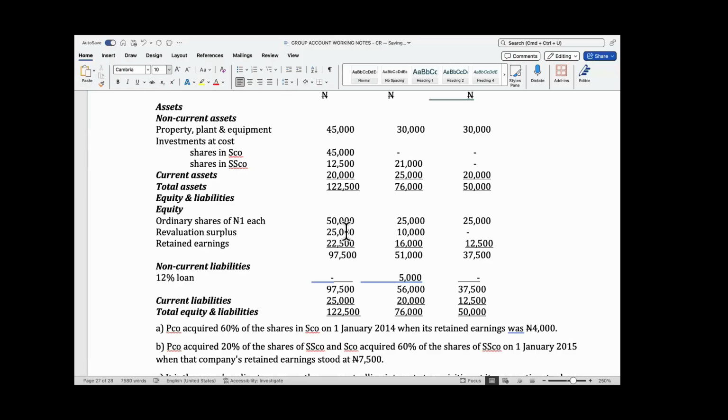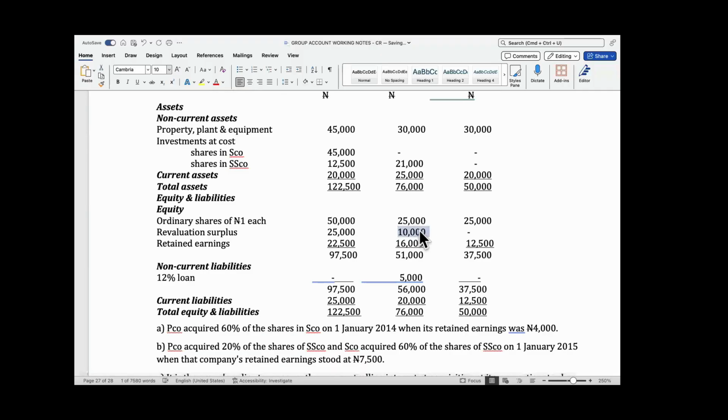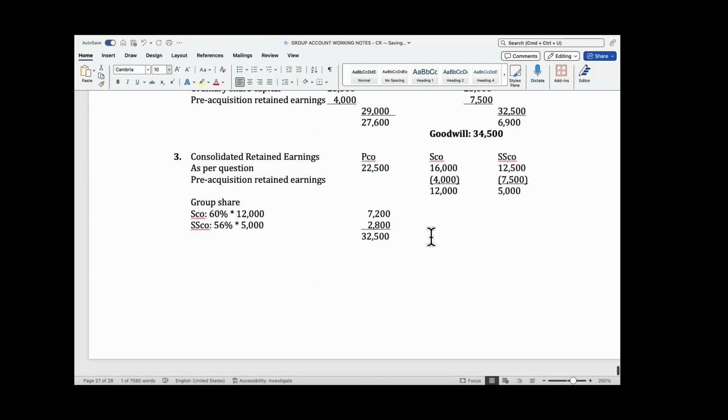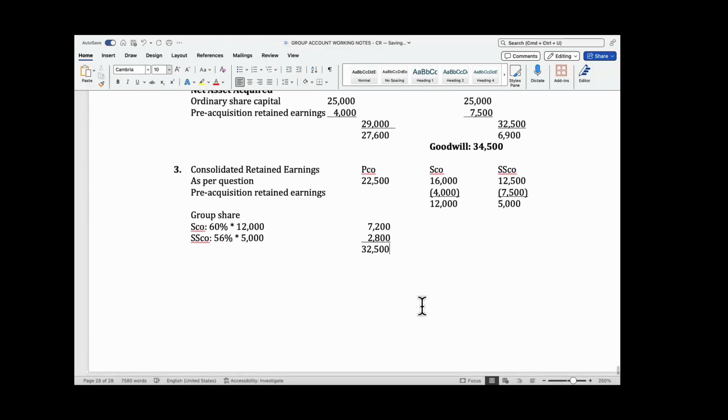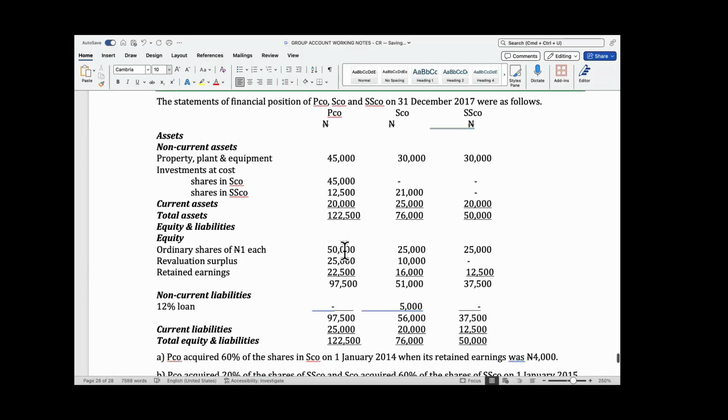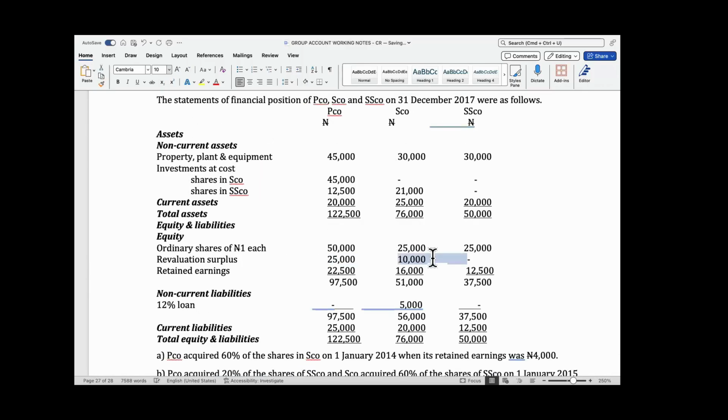Now, this revaluation surplus, I need to do the workings as well because this 10,000 needs to be shared between the parent and NCI. Just so that I set it up properly. So what are we consolidating? PICO 25, this is 10.